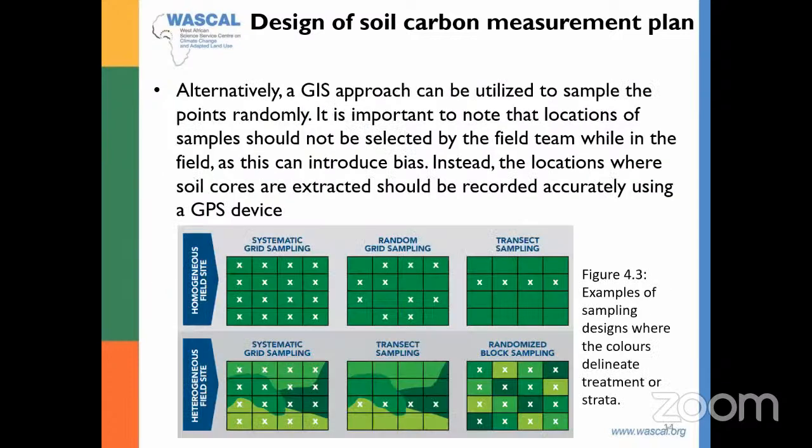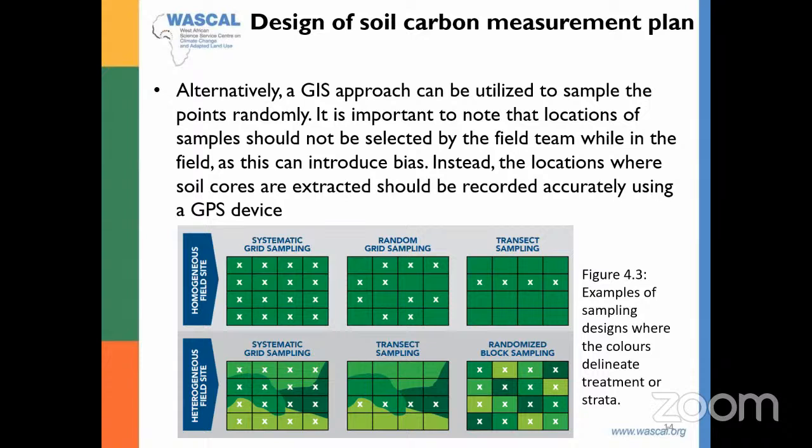We can also do random sampling. With GIS, these can be planned on a desktop before visiting the site. Mostly it's advisable that field sampling points be planned before visiting the site in order not to introduce bias in our sampling.